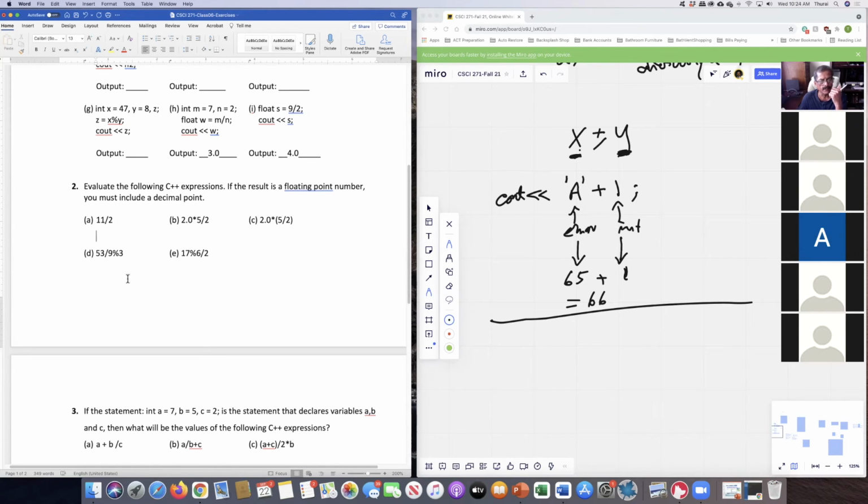Okay, I see what you're doing. What you're doing is wrong. Do I have to do the 53/9 first and then the modulus 3? Right. Division is first because the order of precedence says multiplication, division, and modulus all belong to the same level.